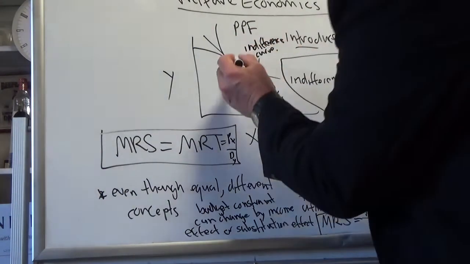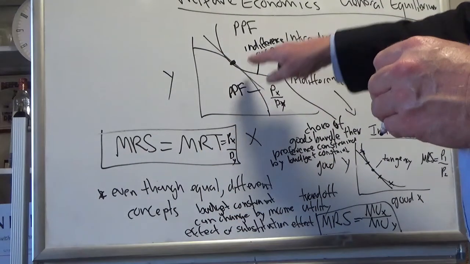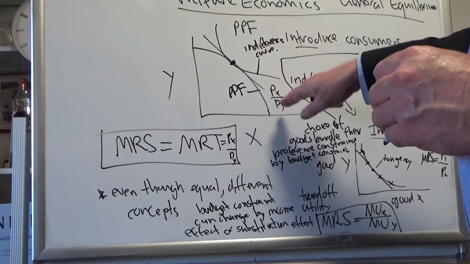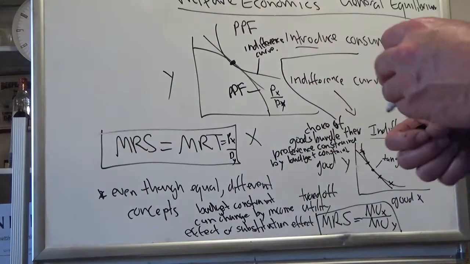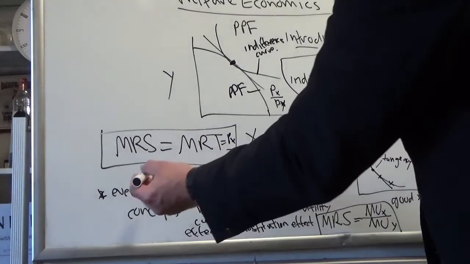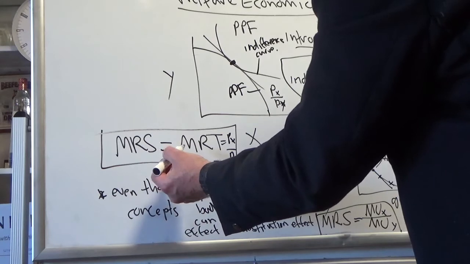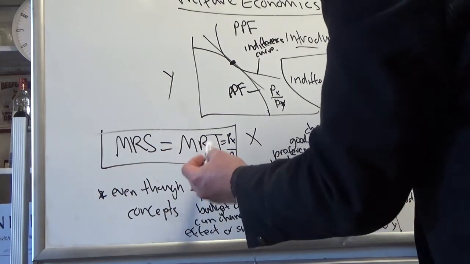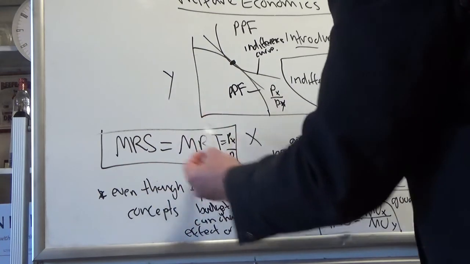So the partial equilibrium is a tangency of both the PPF and the indifference curve, and also, of course, your budget constraint, the ratio of prices. So in welfare economics, marginal rate of substitution equals marginal rate of transformation. Remember that marginal rate of transformation is the trade-off between the two finished goods.